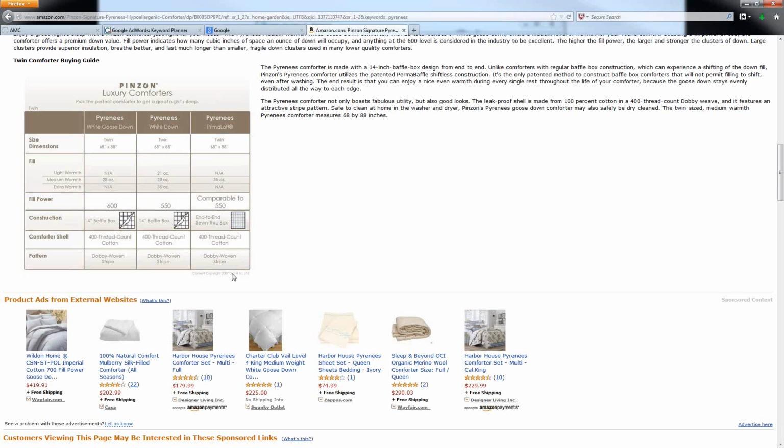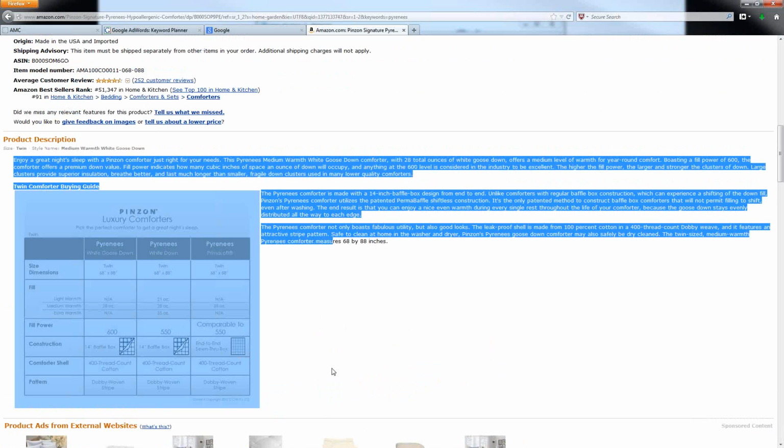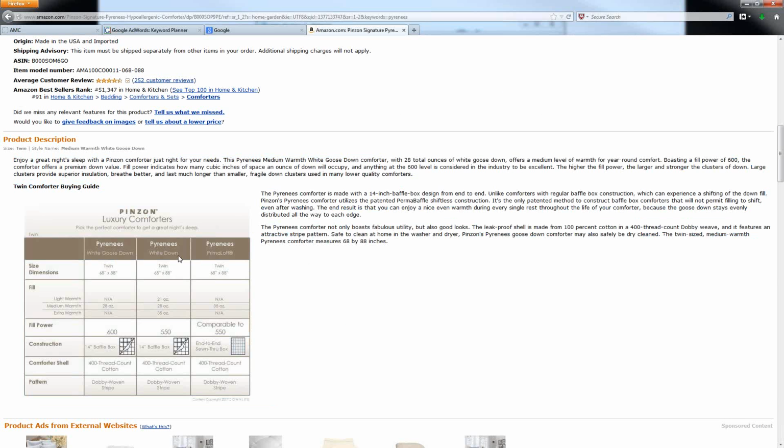However, in terms of legalities, I do believe that it is quite okay to use the product description information, anything that is provided right here, because Amazon does provide you with a way to retrieve this information through their API system when you're creating product advertisements. This is something that could be done through my plugin.